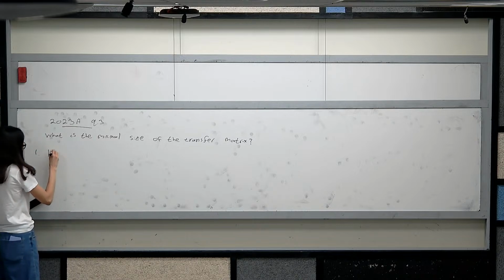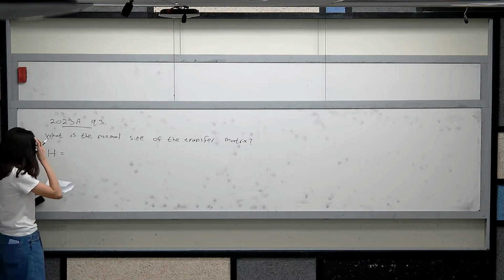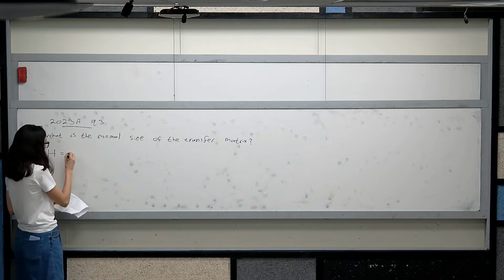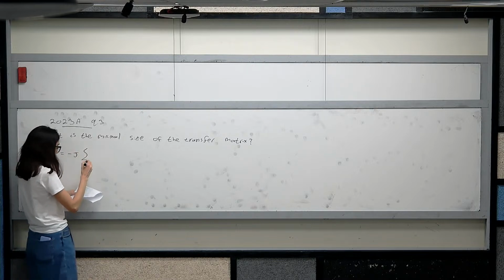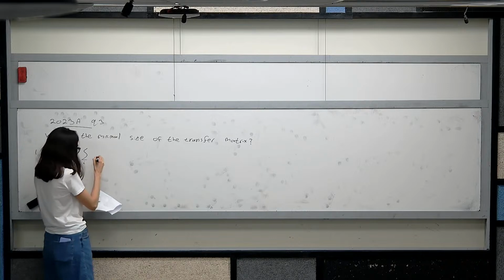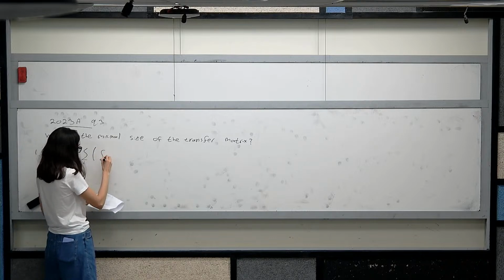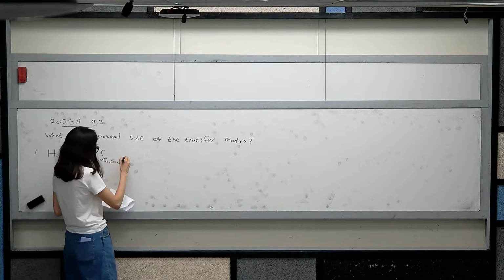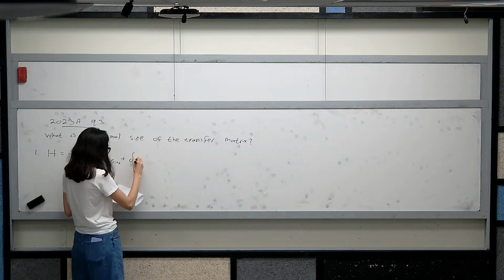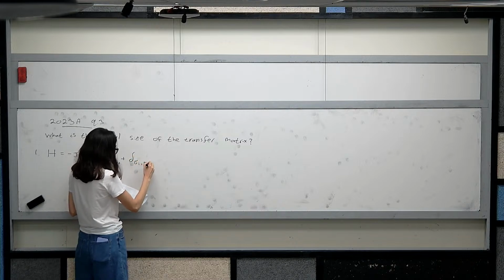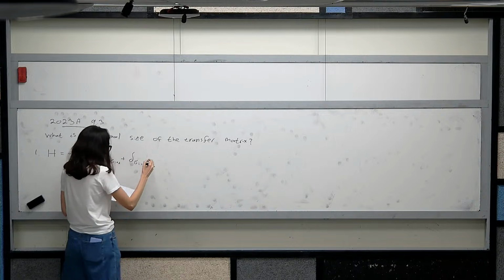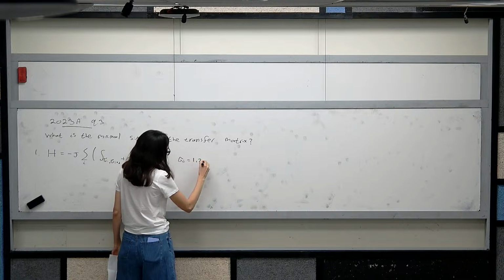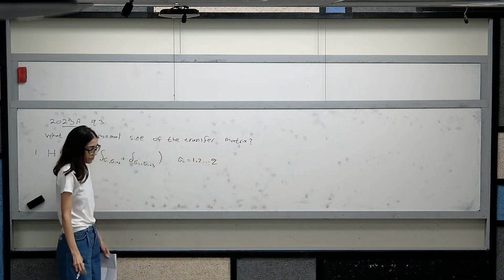Okay, so first one, the Hamiltonian is equal to, this is like a Potts model. We have minus J, sum over i of delta of sigma i with sigma i plus 2, plus delta of sigma i with sigma i plus 3, where sigma i goes from 1 up to some q.